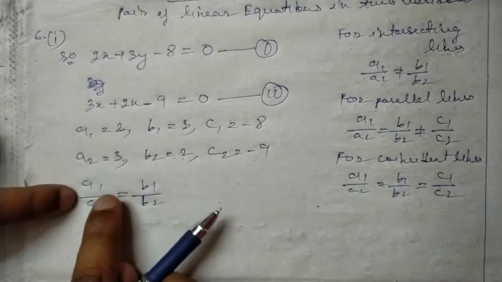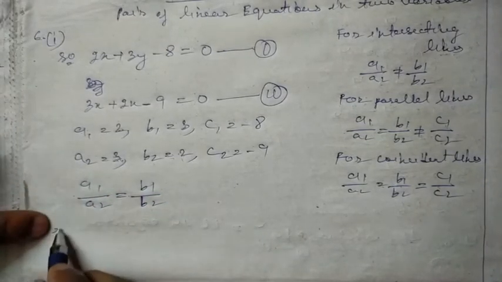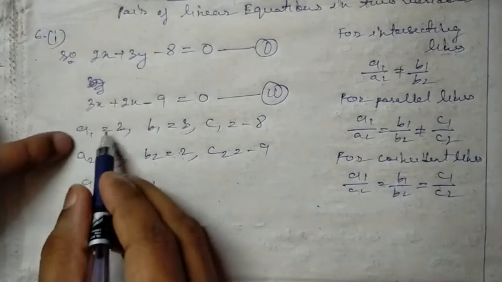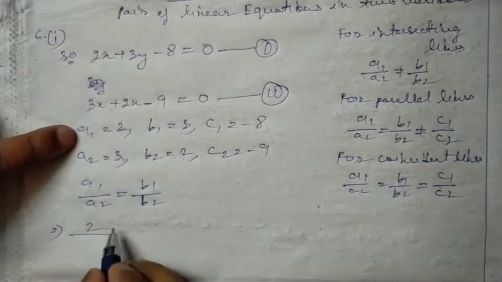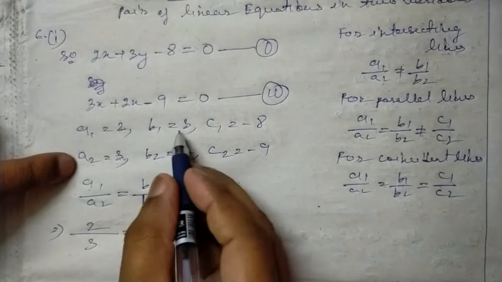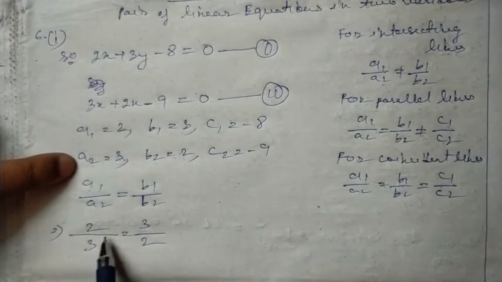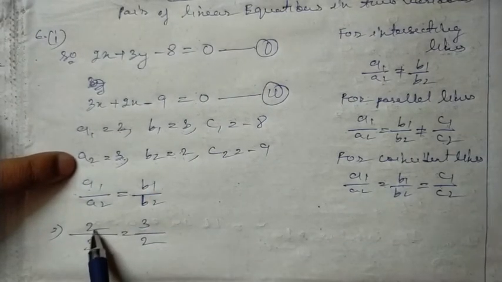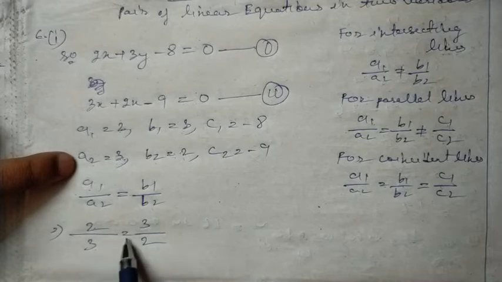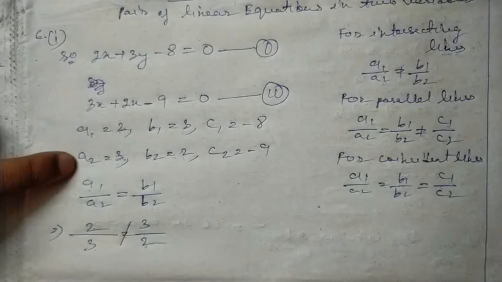First we observe whether the two ratios are equal or not. The a1 value is 2 and a2 value is 3, b1 value is 3 and b2 value is 2. You see the first ratio 2 by 3 is not equal to 3 by 2. The two ratios are not equal, so we have to cross this one.